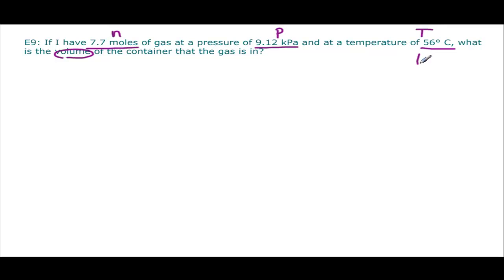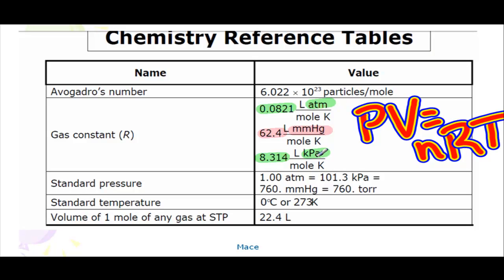But remember that temperature must be in Kelvin. So that is going to be 329 Kelvin. And we're looking for volume. So our formula is PV equals nRT. We look at P, we see we have kPa. So kilopascals, we use 8.314.